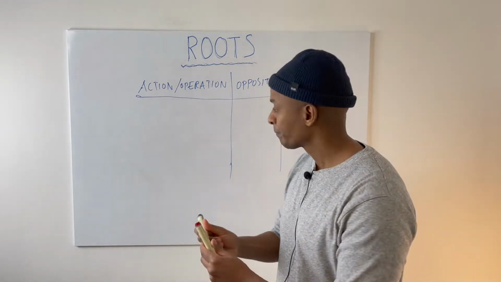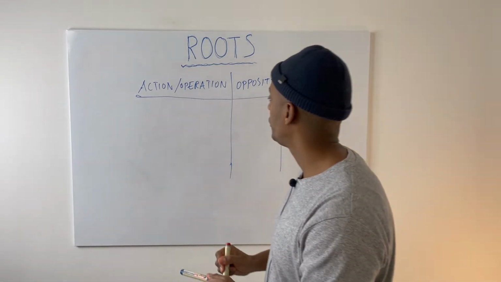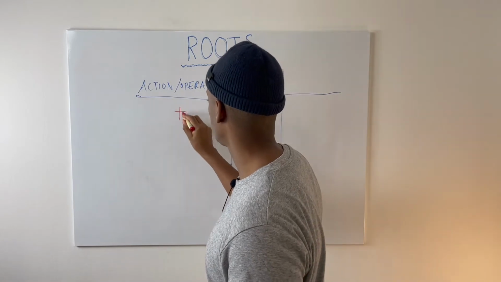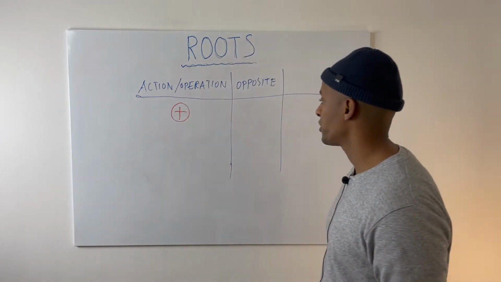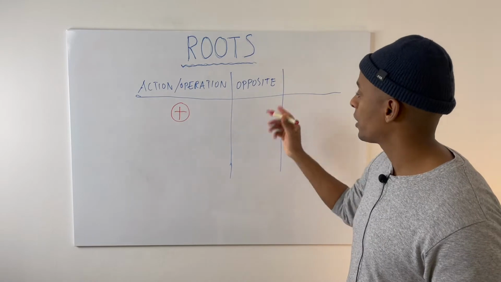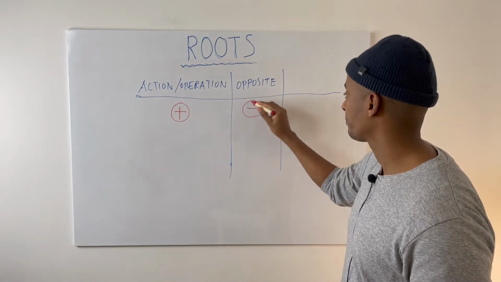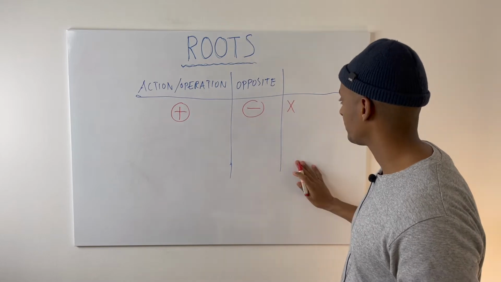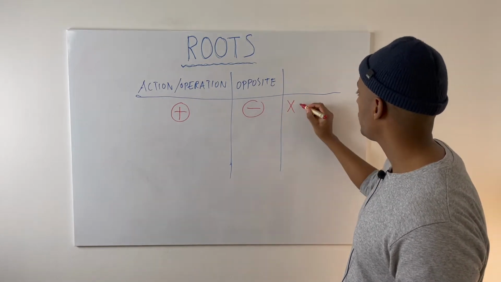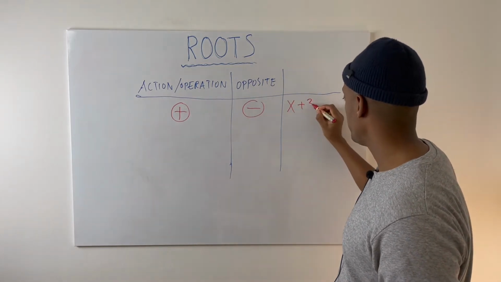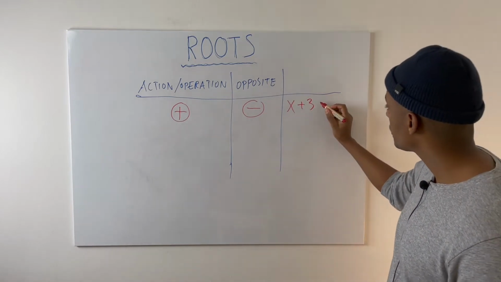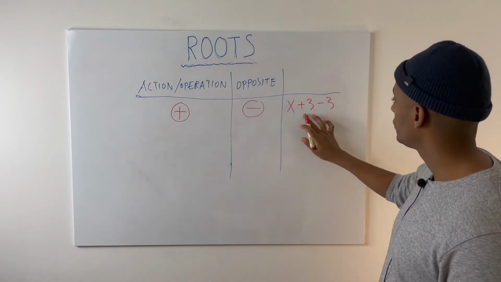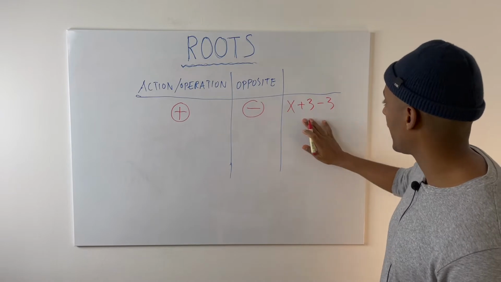Let me explain. Let's say we do addition, right? That's an operation. The opposite to addition would be subtraction. Why? Because if we have a number x and then we add, let's say 3, and then we subtract 3, those two operations are going to cancel out.